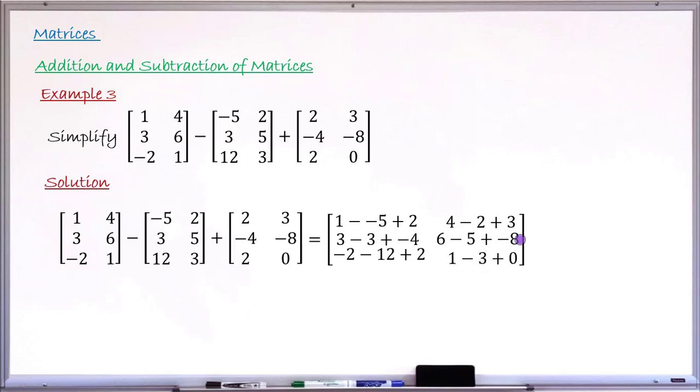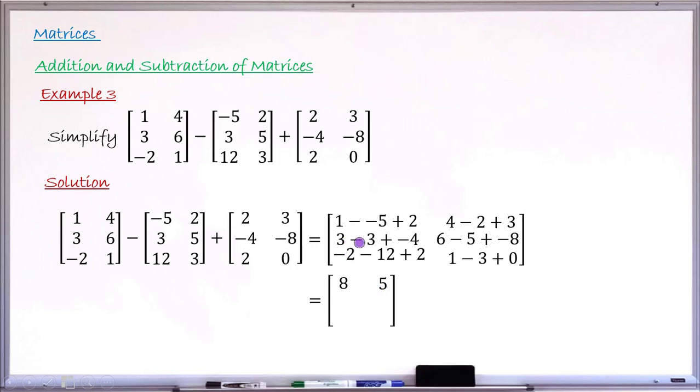So I'm going to simplify this, that is, perform this addition and subtraction. I'll have my matrix like this, where I write the final results. This 1 minus minus 5 changes to 1 plus 5, then plus 2, which gives 8. Then 4 minus 2, then plus 3: 4 minus 2 is 2, 2 plus 3 is 5, so I write 5 here.